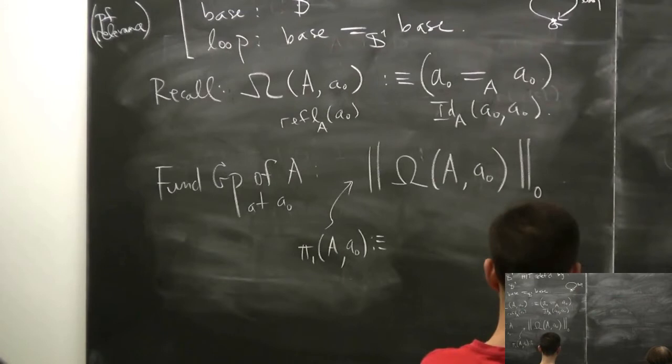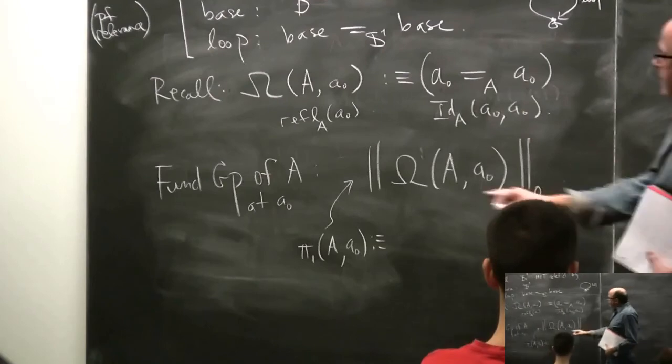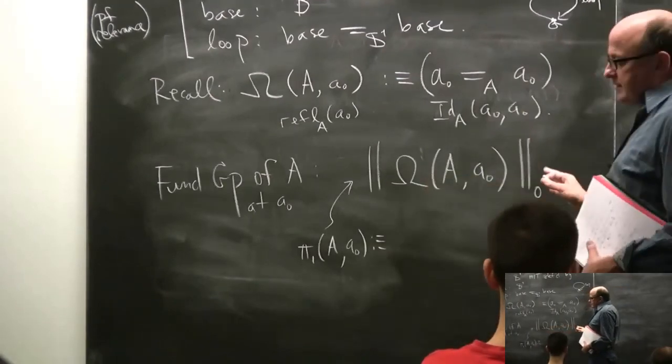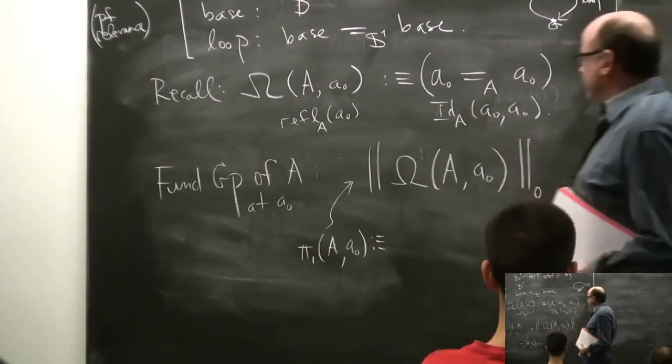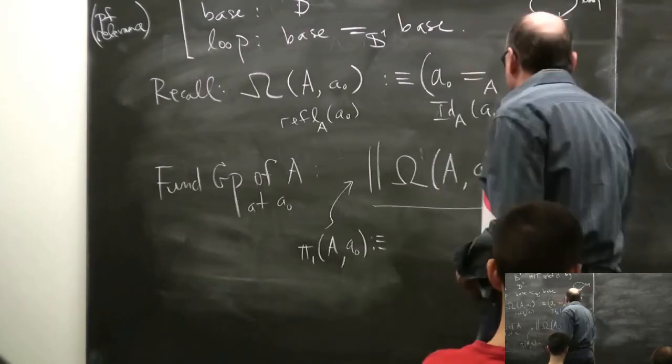You can think of that as the designated base point of the loop space. And so what's happening here is, I lost my thread. Oh, okay, the idea is that this has the structure of a groupoid, but we want to truncate it, so this forces it to be a group.